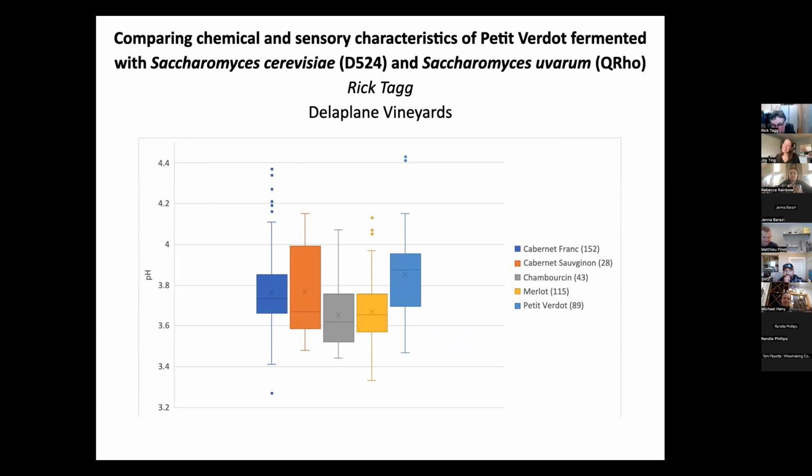But it was a good experiment to do because I'm always concerned with high pHs and VA. Especially this particular block of Petit Verdot tends to get ignored until the last minute traditionally. So we've focused on it this year. It actually was the last lot of grapes that were picked. I think they were picked October 23rd.